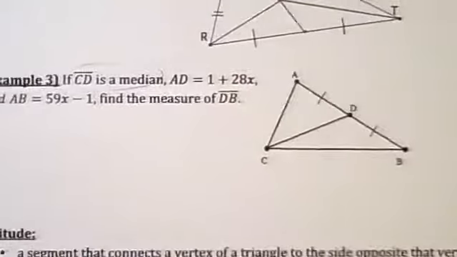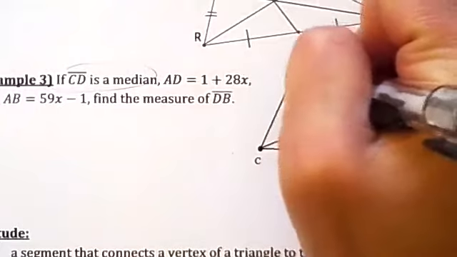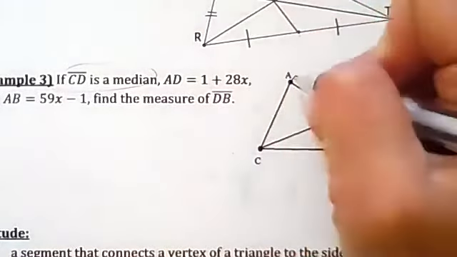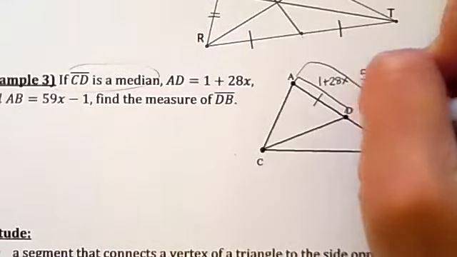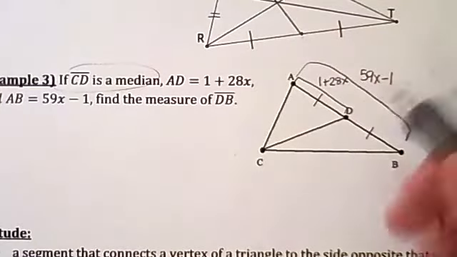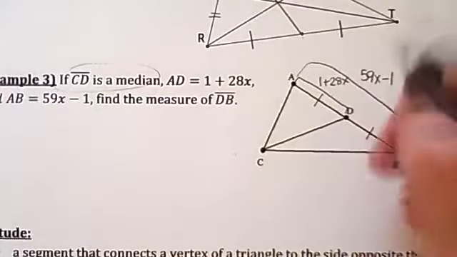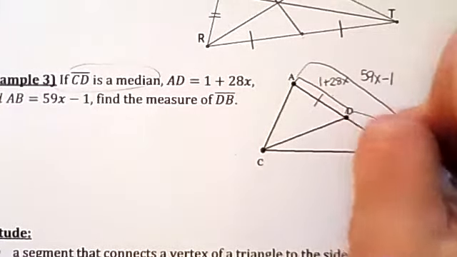Anyway, it says AD, so this part here is 1 plus 28x. And then AB, the whole thing, so it's important to really pay attention to what you're given, is 59x minus 1. So for this one, we're not going to simply set them equal to each other. We were given a small piece and the big piece. So if this is 1 plus 28x, so is this piece, right?